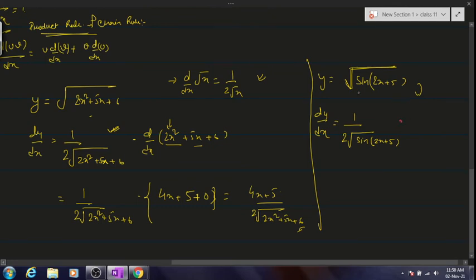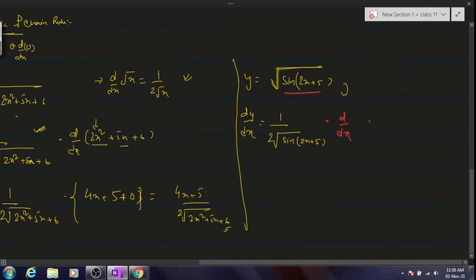Then this sin x was considered as x, right? So d/dx of sin x, then 2x plus 5. Is it clear? So the next step will have 2 root sine 2x plus 5 as it is, and sine, you will be assuming this to be x because we know the differentiation for sin x, right?